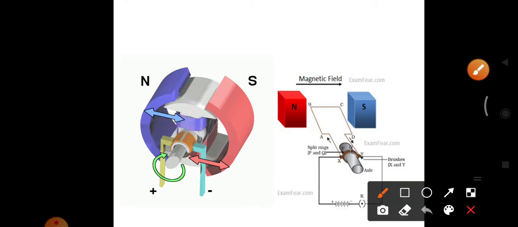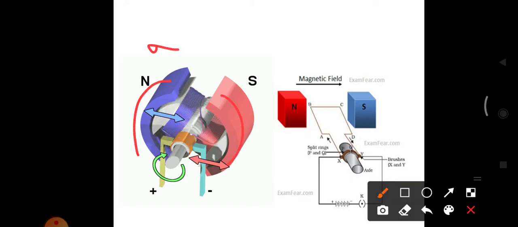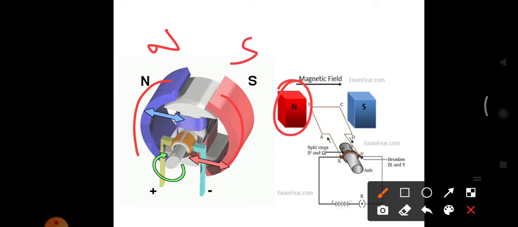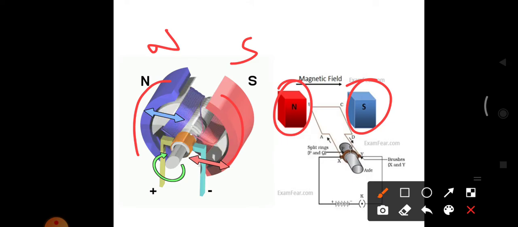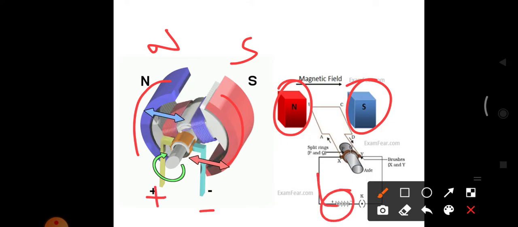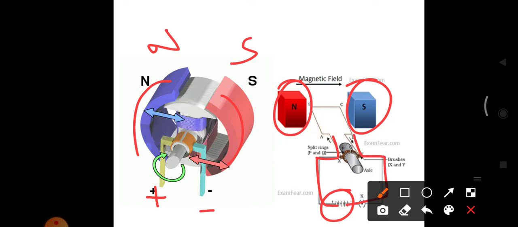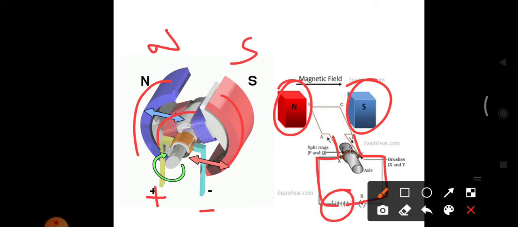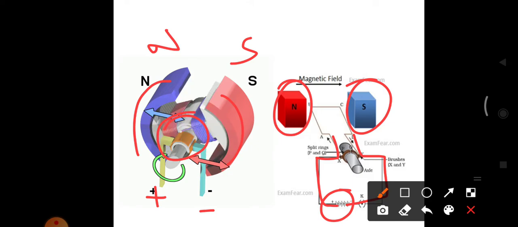So see here, this is north and south. So this represents north and south. We are giving the current positive and negative, positive to the coil and negative to the coil. When we give the current, the motor is rotating. Due to the electrical energy, the electrical energy is converted into mechanical energy.